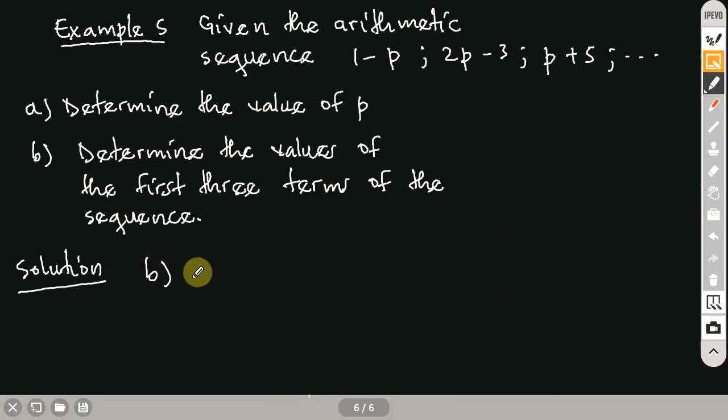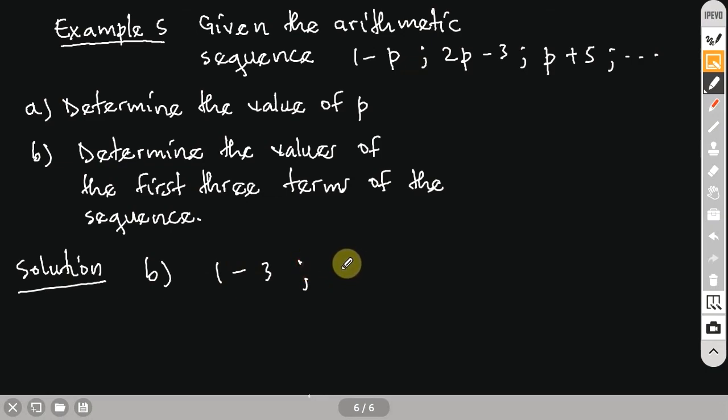And now question B says determine the values of the first 3 terms of the sequence. So we need to determine the first 3 terms. What we can do is just to substitute for p. We have found p. p was equal to 3, as we found it in question A. So the first term will be 1 minus p. p is 3.